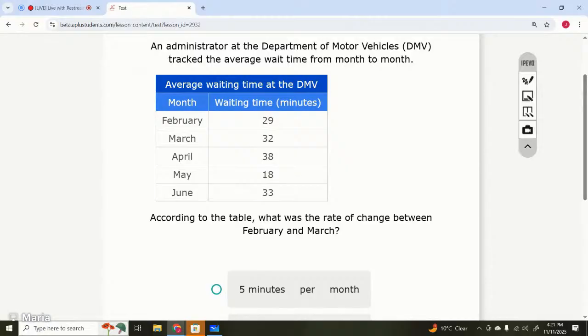An administrator at the Department of Motor Vehicles tracked the average wait time month to month.